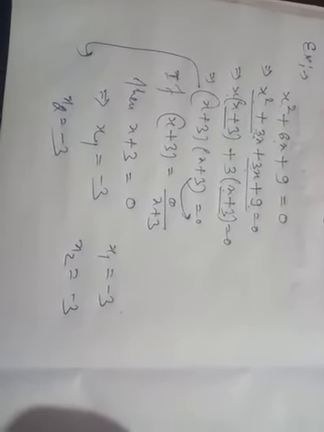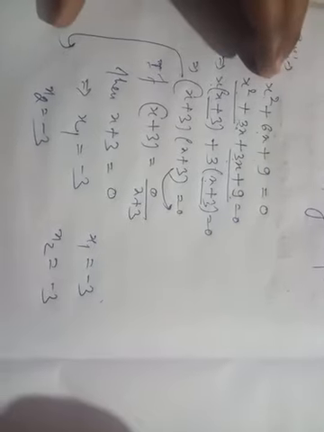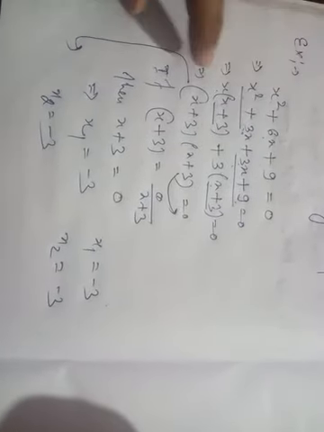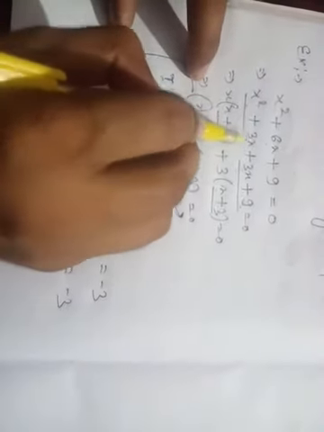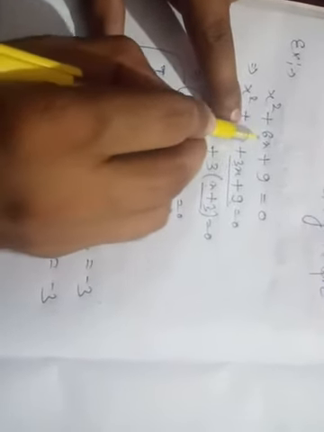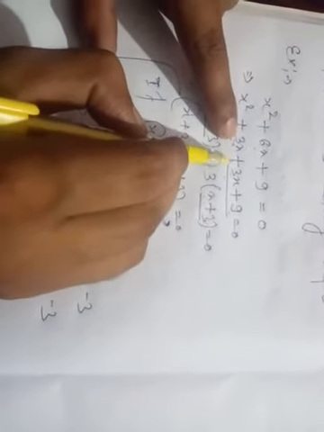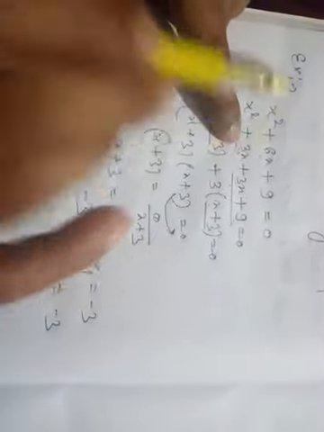Mainly here the factorization method would be of three types, but I'm using only the first of those three. This is the middle term splitting method, because in this method I have split the middle term, that is 6x, into two parts. That is why this method of factorization is known as the middle term splitting method.